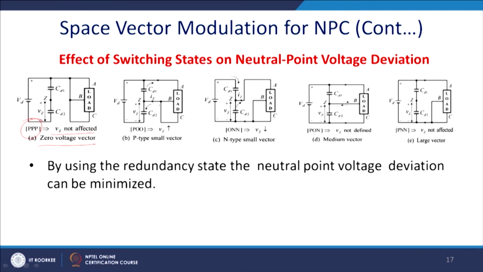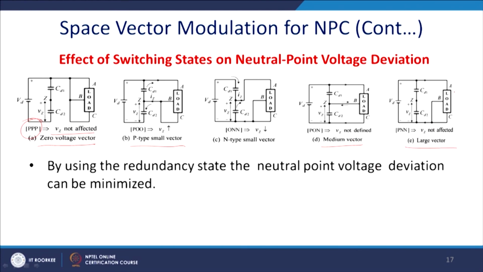Only one leg gets the voltage, others are shorted. So, you get a small vector. Similarly, you can see this combination, this is the n-type small vector, that is ONN. So, you can get the same voltage. Similarly, PON, Vz is not defined and it is a medium vector, and PNN is a large vector.